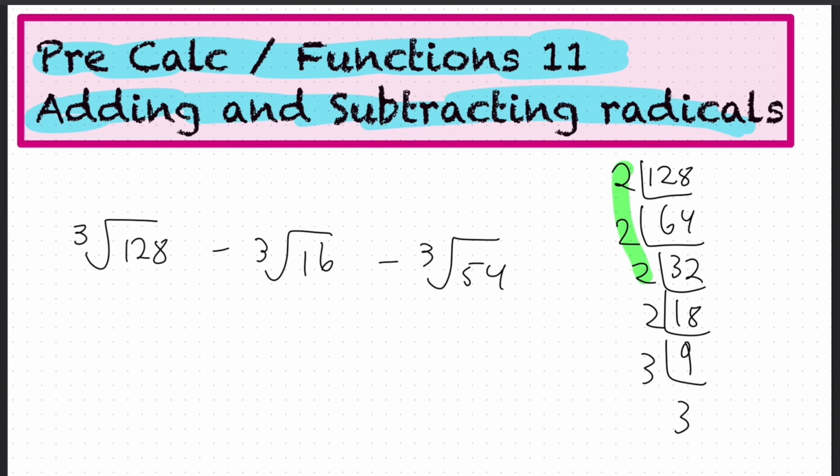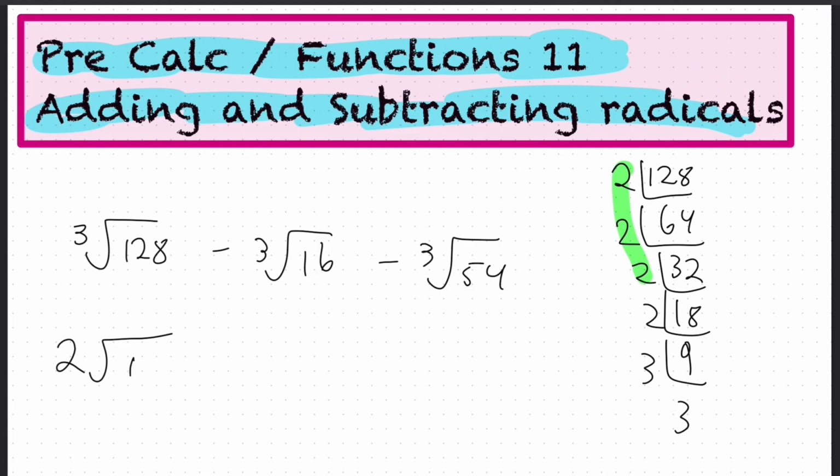so that would lead to 64, 32, 18, 2. So that would lead to us getting 2 on the outside, and then 3 times 3 is 9.